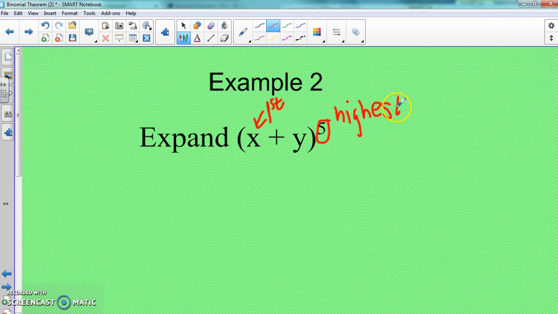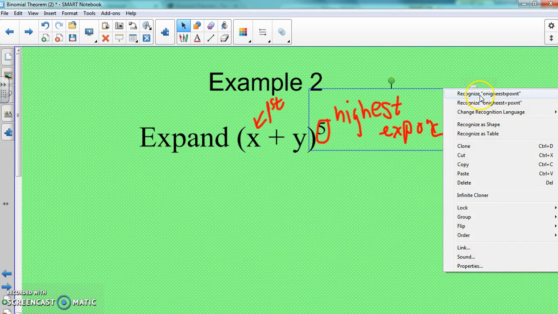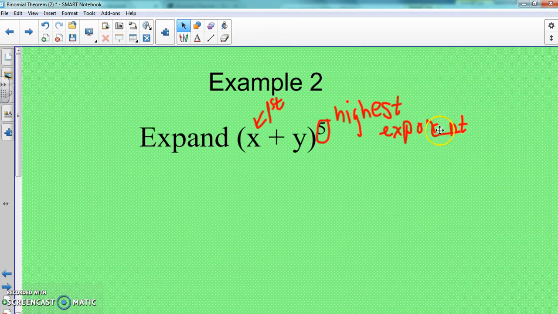Write this down slowly. That's not going to come out right. So we know that's our highest exponent. My bad.